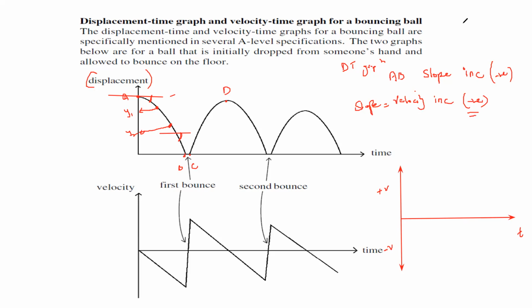So how do we represent a velocity increasing with a negative value? We draw a line showing that the velocity is increasing in value, but in a negative axis. Is this part from A to B clear?